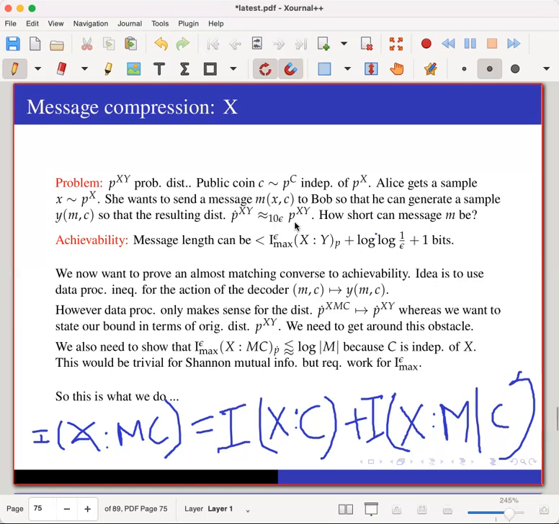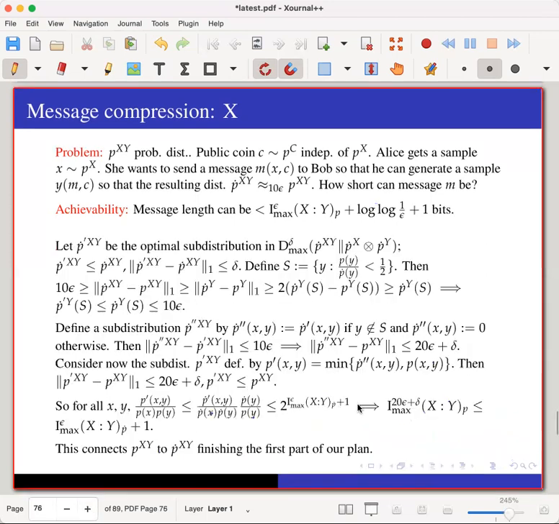So I want to get a bound in terms of the original. To further lower bound the mutual information between X and Y with respect to P dot in terms of the mutual information between X and Y with respect to P, that is the first part of the plan, to go from P to P dot, and that's what we have done here. The mutual information between X and Y with respect to P dot is greater than the mutual information between X and Y with respect to P. But the smoothing parameters change, and all this argument is for the smoothing parameters.